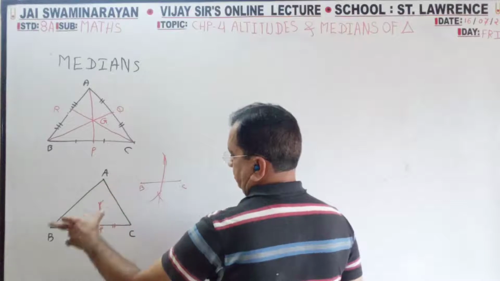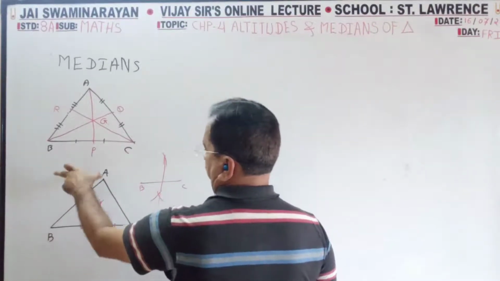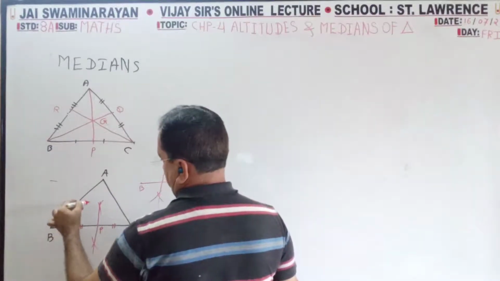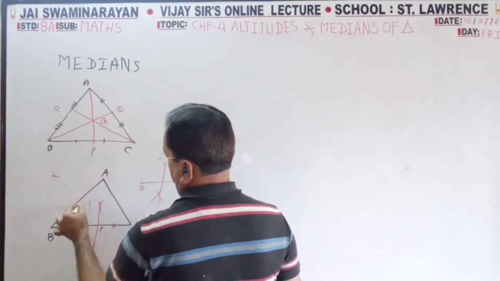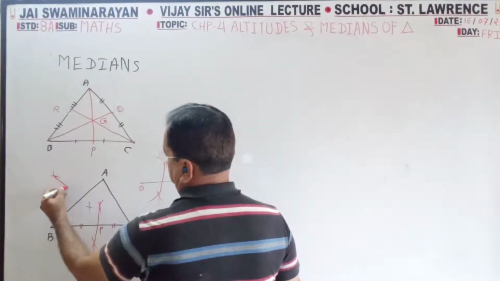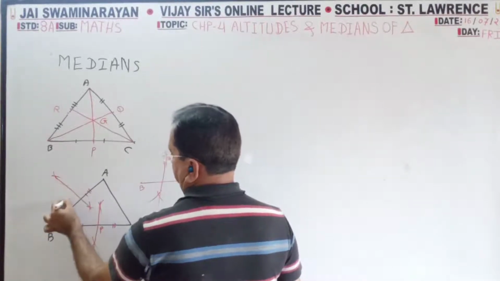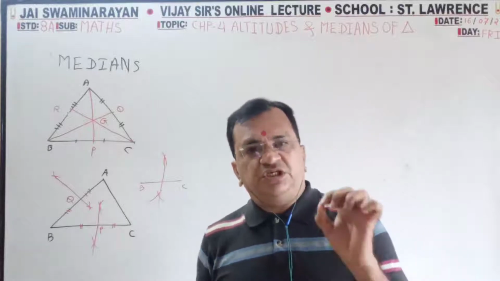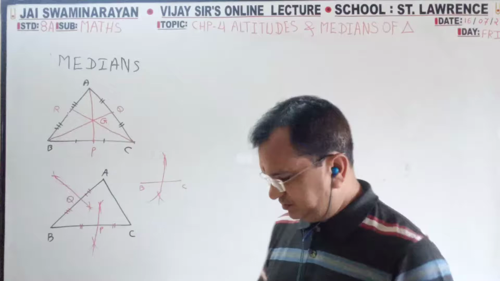For AB, from B 1, 2. From A 1, 2. Now join this. P, this is Q. This is known as the perpendicular bisector, which you have learned in 5th standard.